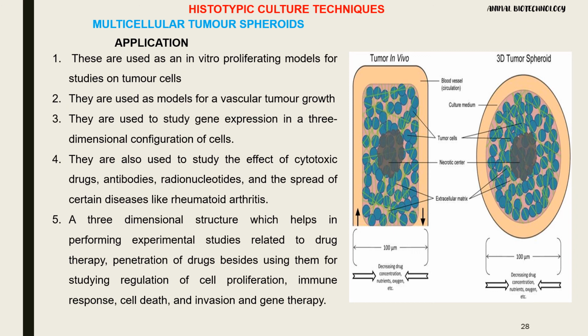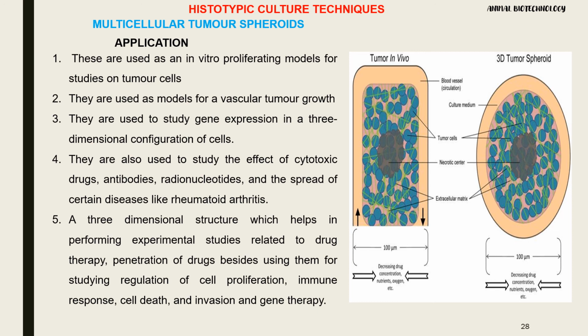Multicellular tumor spheroids can be used as an in vitro proliferating model to study tumor cells and gene expressions, as they look morphologically similar to tumor cells, as shown in the figure on the right. They are also used to study the effect of cytotoxic drugs, antibodies, radionucleotides, and the spread of certain diseases like rheumatoid arthritis.